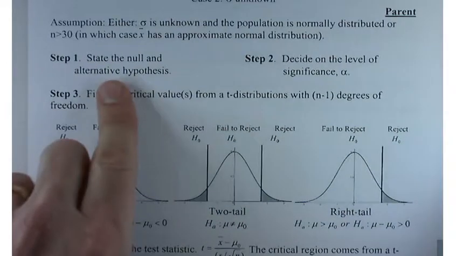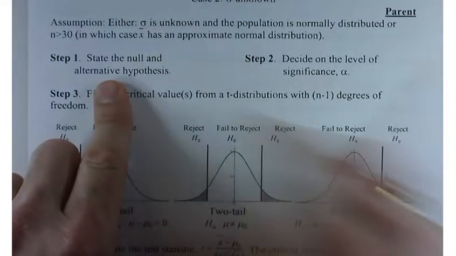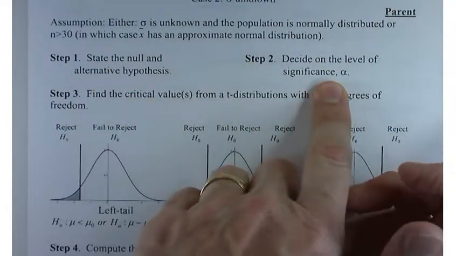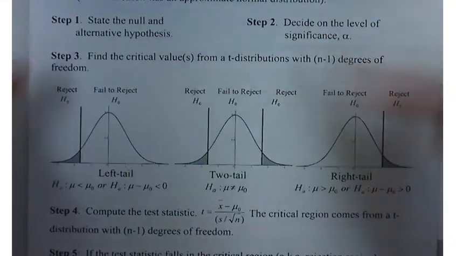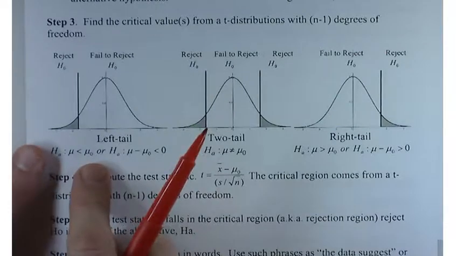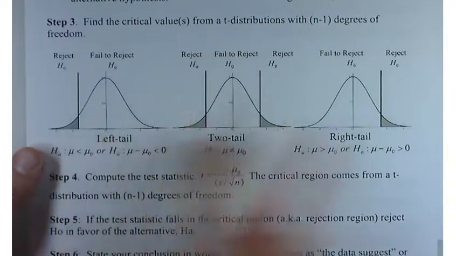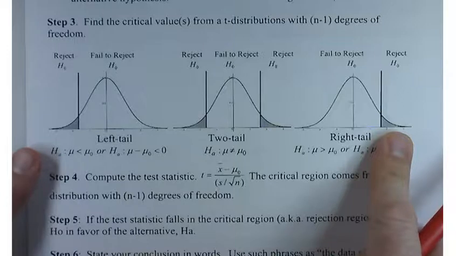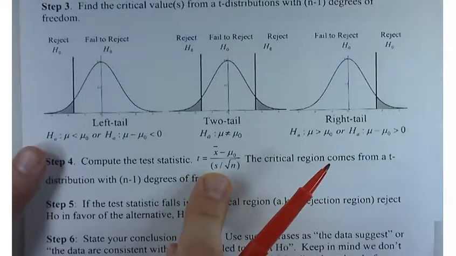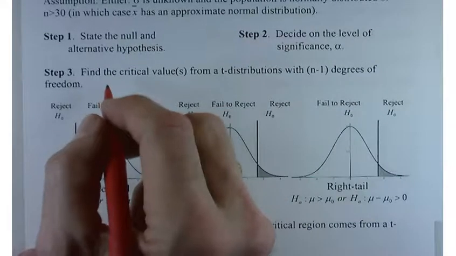You're going to start out all your hypothesis tests by stating the null and alternative hypothesis. Significance level is going to be given to you. And then these two steps, I'm hoping to replace with some technology. As opposed to taking out your t-tables and finding these critical areas, then computing your test statistic by hand, here's what we're going to do.